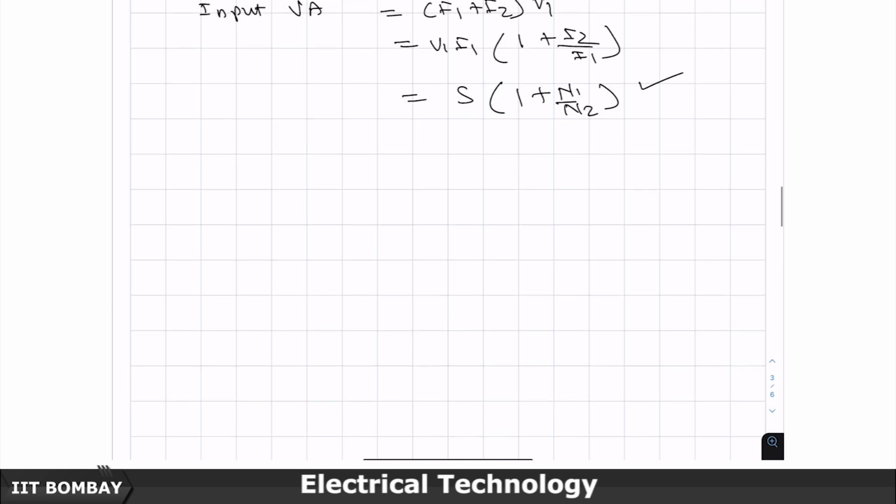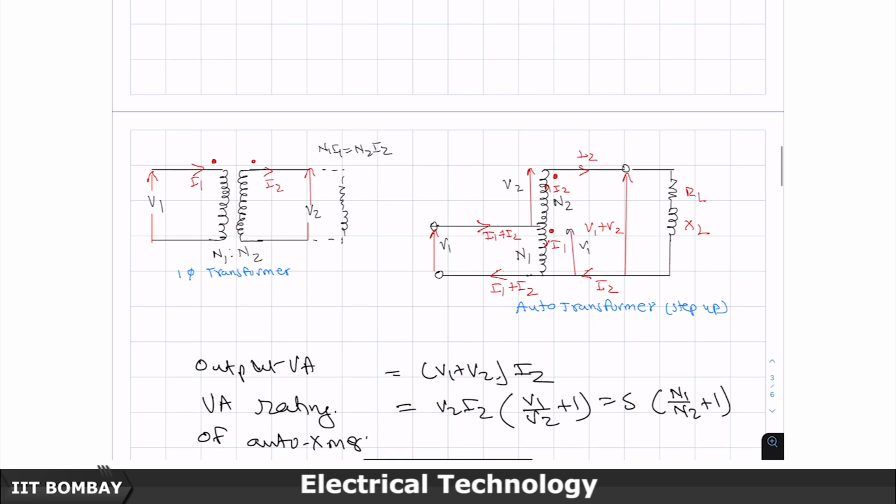Why do I need to improve the insulation level of the secondary winding? Because suppose this was 200 volts and this was 800 volts, now this is at 1000 volts. So the insulation level has to correspond not to 800 volts, but to the 1000 volt rating.